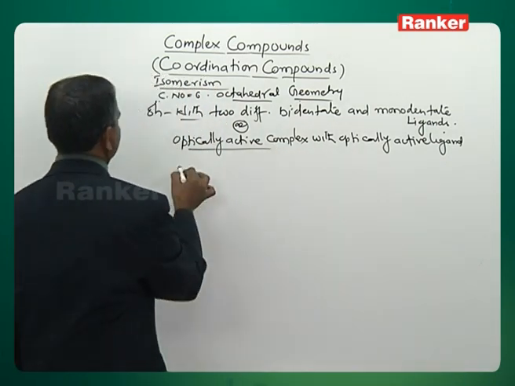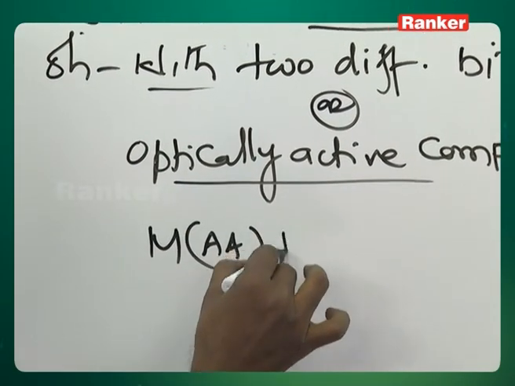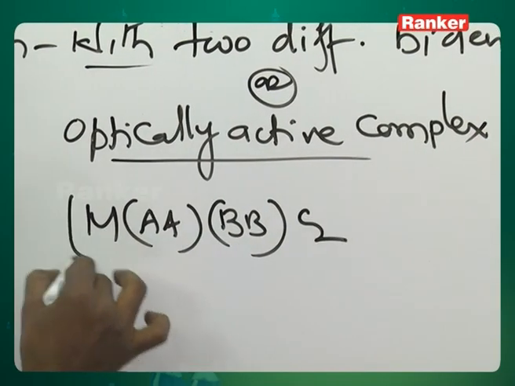Look here. What is said? Two different bidentates. Take one as AA, two different bidentates, and let us write C2 plus.